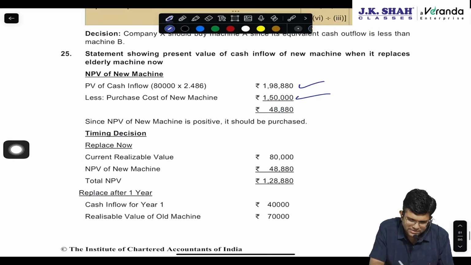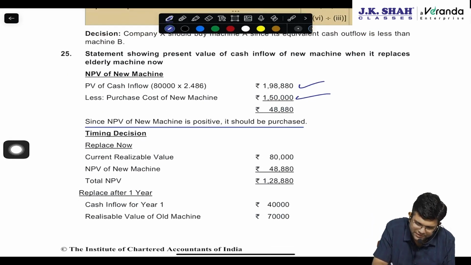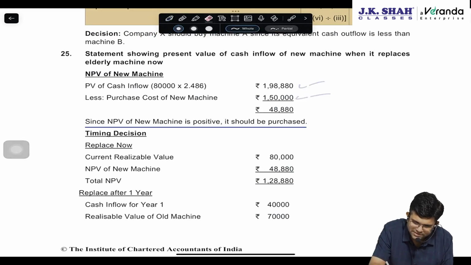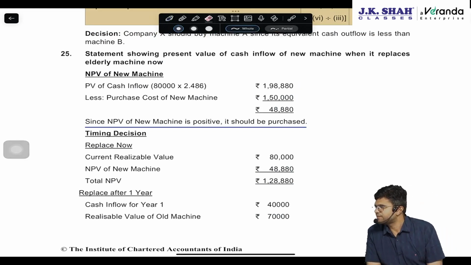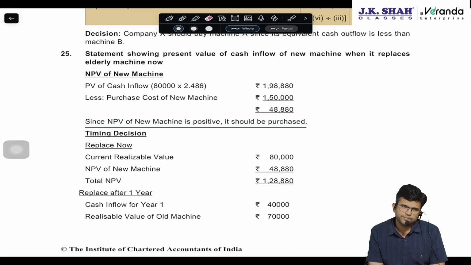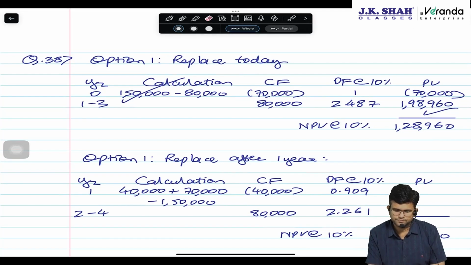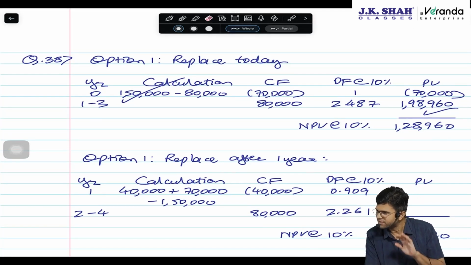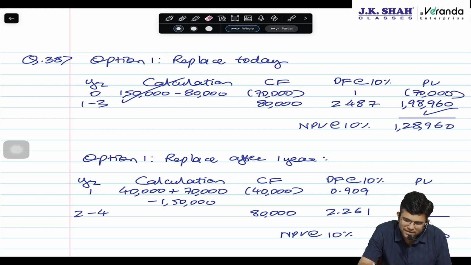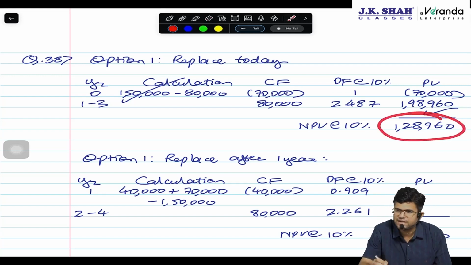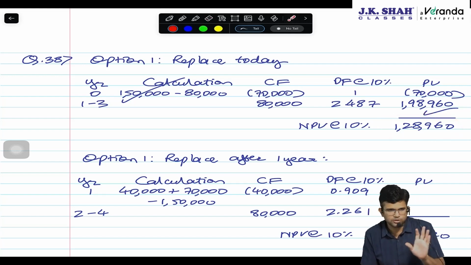Since NPV of the new machine is positive, it should be purchased. Now, can you see they have skipped and ignored salvage. I'm just saying my NPV and their NPV at the start is not tallying because of this one issue.